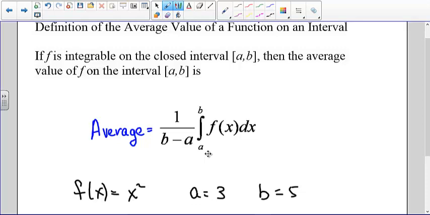So, in terms of physics, a lot of times we talk about some force being applied to a body, and we say it's constant. Another way to think about it is it's not really constant, but if we were able to calculate the average value by finding the area underneath the curve and then dividing by b minus a, that is the average value we could use in our calculations, which would give us the same result as if we did the calculus part.